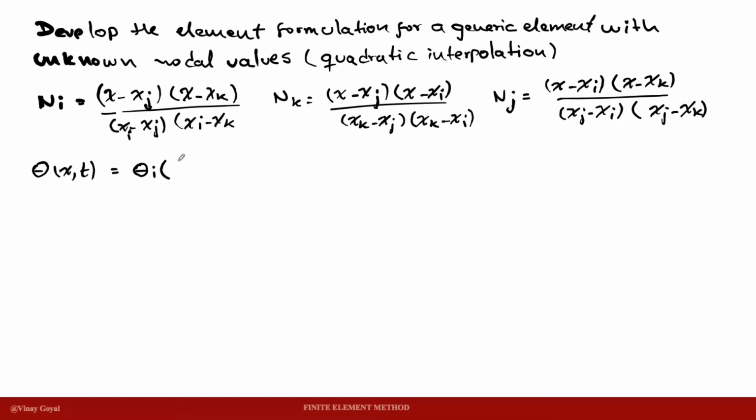So theta i(t) is time-dependent, times Ni(x), which is x dependent, plus theta k(t) times Nk(x) plus theta j(t) times Nj(x). So we are defining our approximate function by applying the separation of variables, right?